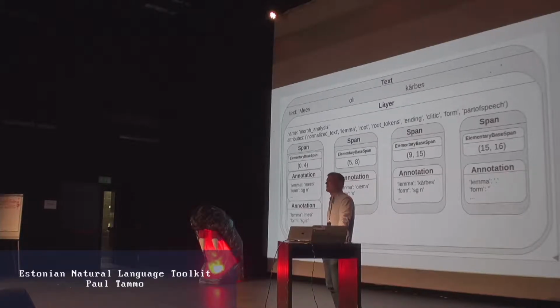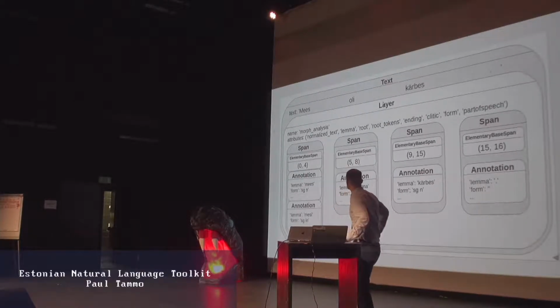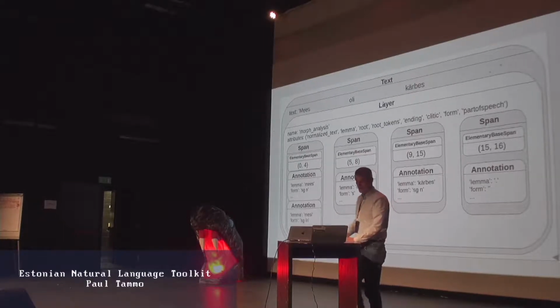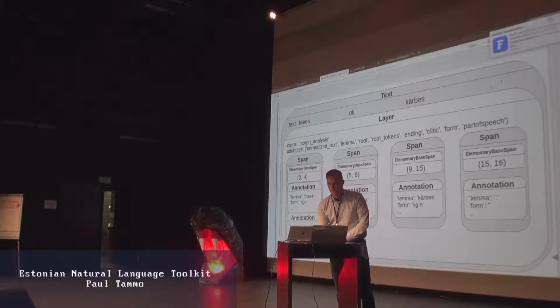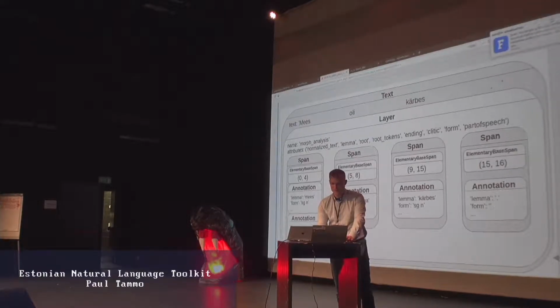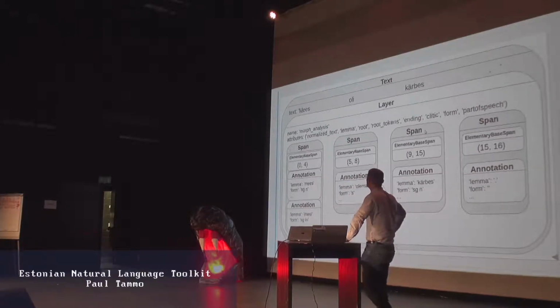And maybe Estonian speakers notice that this sentence is ambiguous. We shall talk about that later. And we are talking about visualization of the toolkit, which is in active work currently.